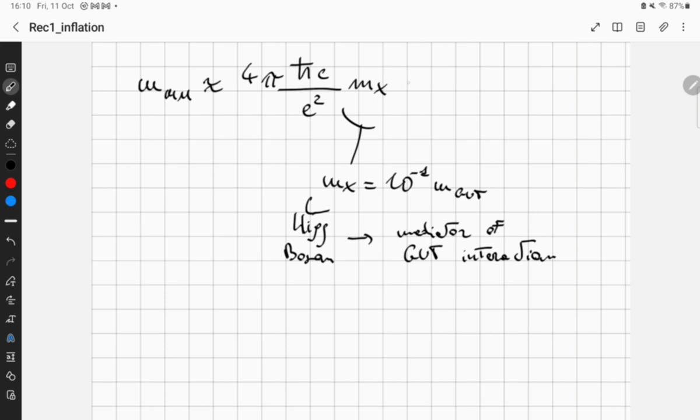So this gives us that the mass of the magnetic monopole should be around 10 to the 3 of the mass of the Higgs boson, which is around 10 to the 16 giga electron volt, which equals 10 to the minus 8 grams.